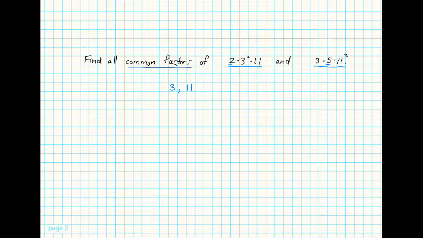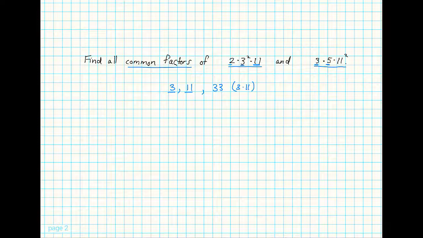And if we ask for multiple factors, the first number has 2 factors of 3, whereas the second number has only 1 factor of 3. The first number has only 1 factor of 11. The second number has 2 factors of 11. So 3 and 11 are common factors, but also their product, 33, which is 3 times 11. So that is a common factor. And these are going to be all of the common factors because those are the only combinations of primes that we can find in both of those numbers.